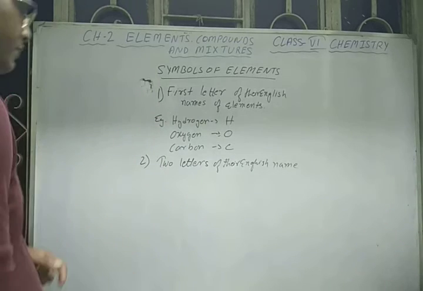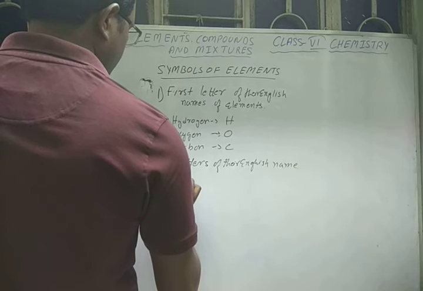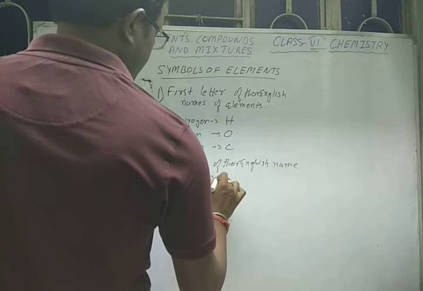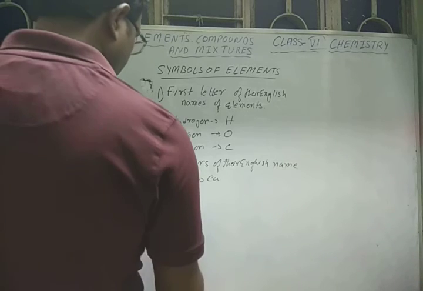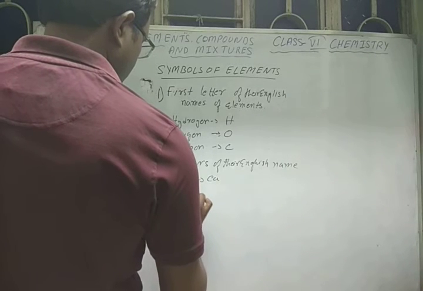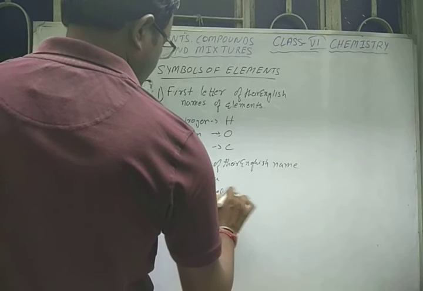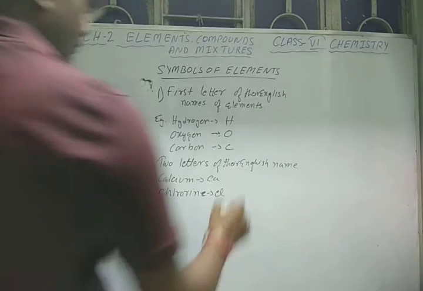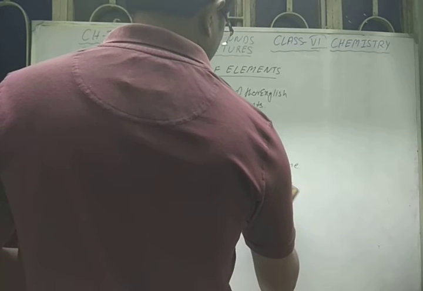Suppose if you write calcium, it is Ca. Similarly, if you write chlorine, it is given Cl. In a similar manner, if you write silicon, it is Si.